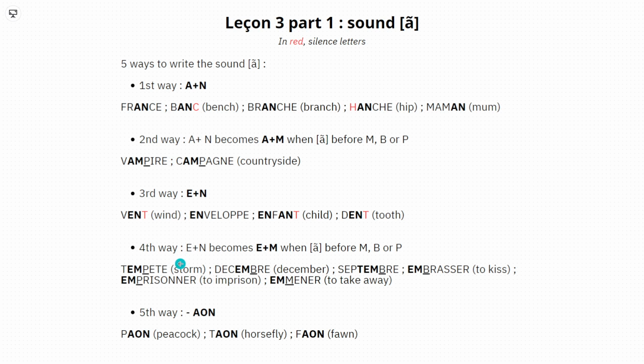The 4th way is when N becomes a M, when the sound en is before M, B, or P. The same rule as here, okay? In these words, tempête. There's a P here, so before P, E plus M, tempête.